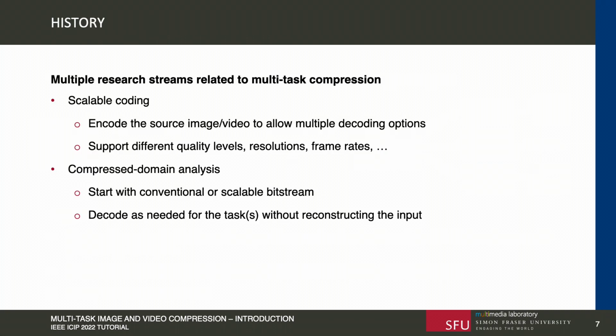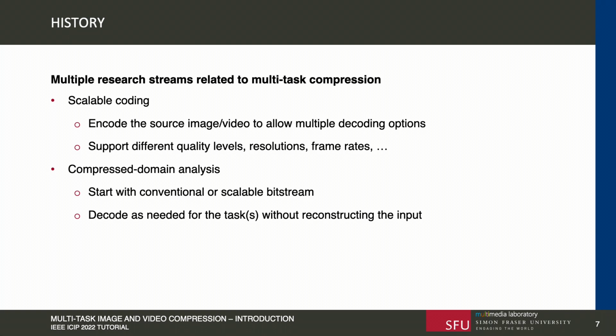Although multitask compression may seem like a new topic, in the history of compression, there are actually multiple streams related to it. Two examples are scalable coding and compressed domain analysis. In scalable coding, the goal is to encode the source in a way that allows multiple decoding options, such as to support different quality levels, resolutions, or frame rates of the encoded input.